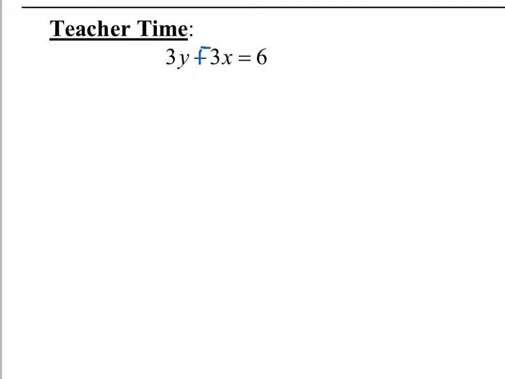Which inverse operation should I be doing first to start moving things away on that side of the equation, Jeremiah? Yeah, we've got to deal with this addition over here. So the inverse of the addition of a negative 3x is to add a positive 3x.